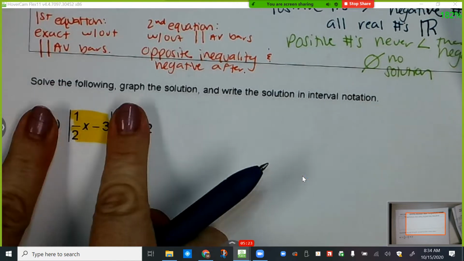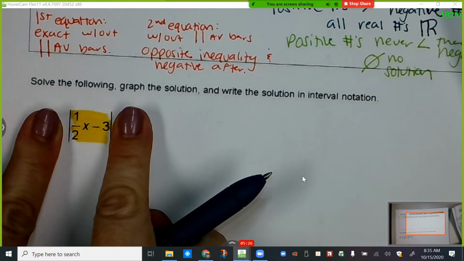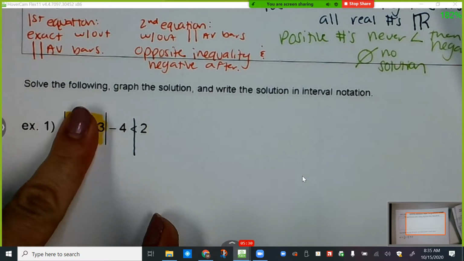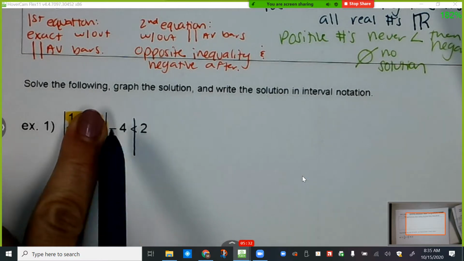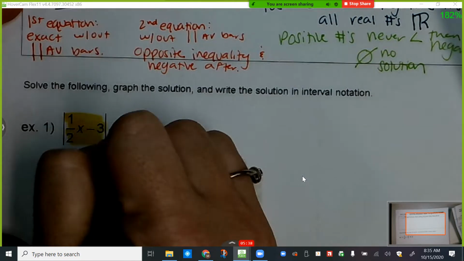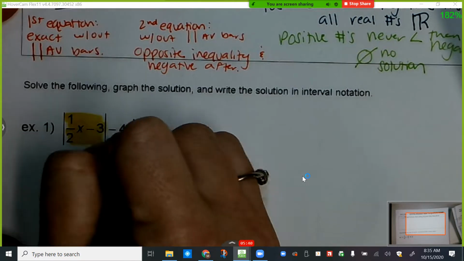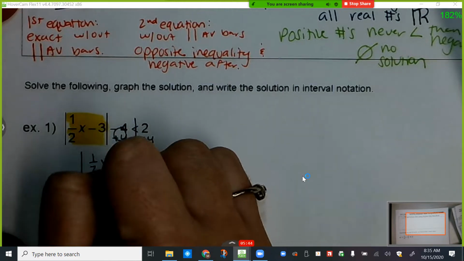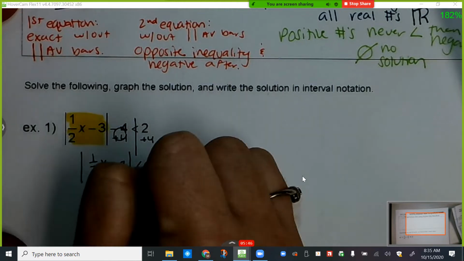What's inside is what we want alone. I have to get rid of that -4. How do I get rid of that? +4 to both sides. So I get the absolute value of 1/2 x minus 3 is less than 6.